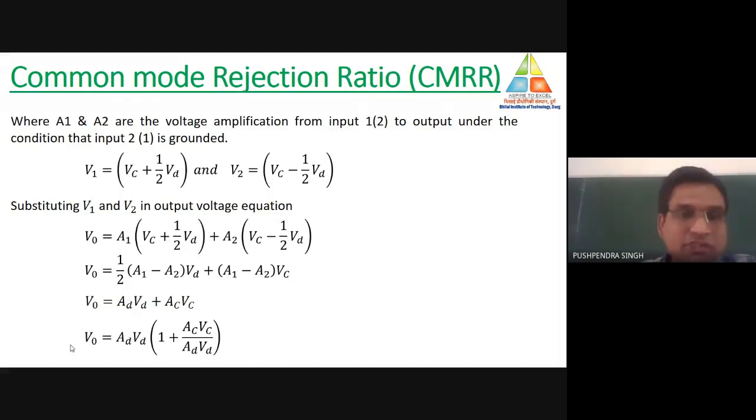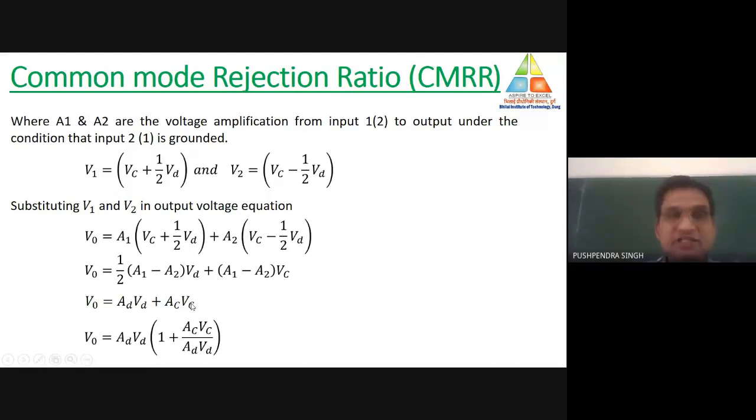And the second term is the common mode gain AC. So now replacing these values, V0 will be equal to AdVd plus AcVc.